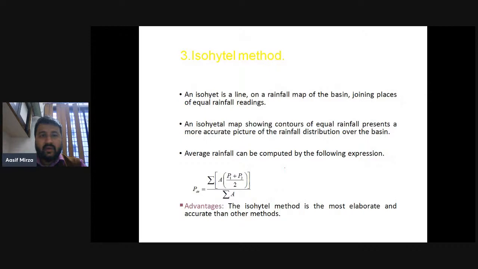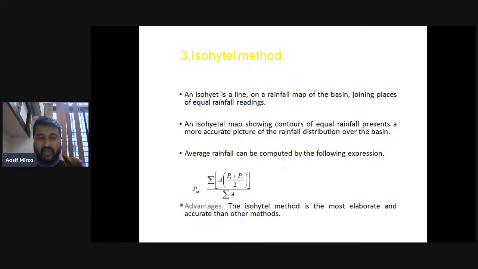Okay, so the last method of the average rainfall is the isohyetal method. An isohyet is a line on a rainfall map of the basin joining places of equal rainfall readings. An isohyetal map showing contours of equal rainfall presents a more accurate picture of the rainfall distribution over the basin.